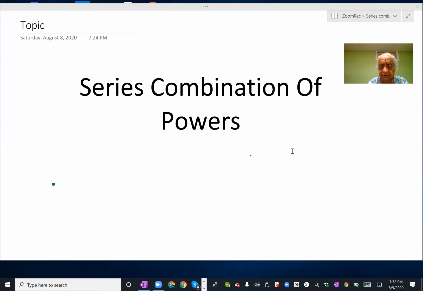As far as CBSE is concerned, we are taking care that Vs is equal to V marked, and working out the derivation for the effective powers of the series combination and effective power of the parallel combination in two sessions in terms of the individual marked powers. That is the aim of the class session in this particular session.